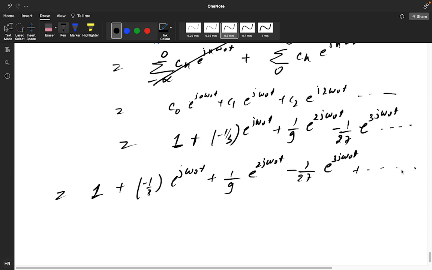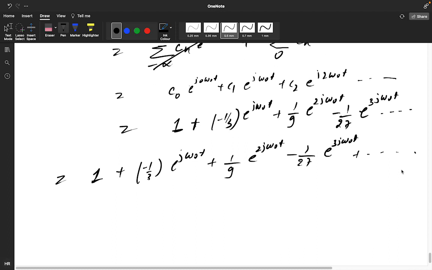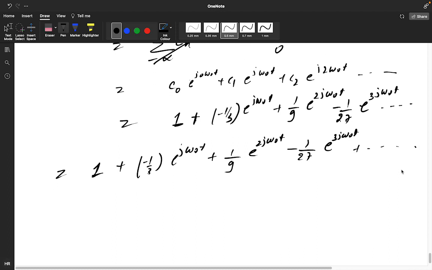So this is in the form of a GP. The summation of the GP will be, what is the ratio you are getting? The ratio is minus 1 by 3 e power j omega naught t.